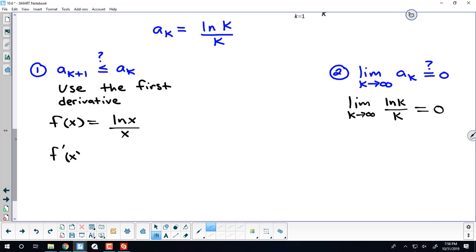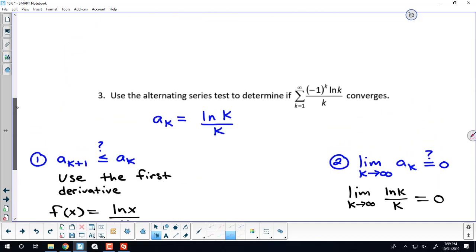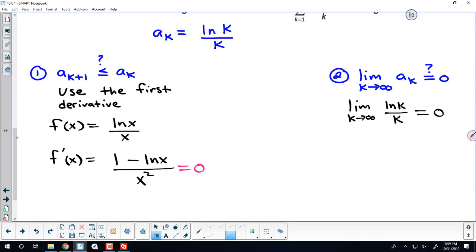So run through this first derivative. So our first derivative. Then we figure out where the first derivative equals 0. Remember, the interval in question is from 1 to infinity.